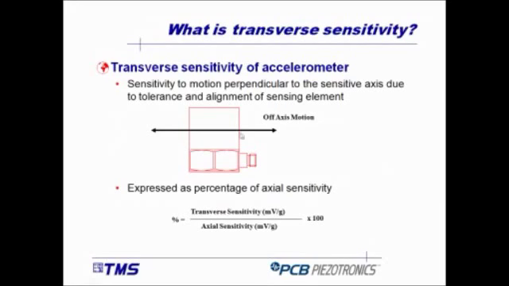In other words, when we shake the sensor side to side, we get output. This is normally expressed as a percentage of sensitivity. So when you see a 5% transverse specification, that means that when we shake this in the transverse direction, we get 5% of its axial sensitivity in output.